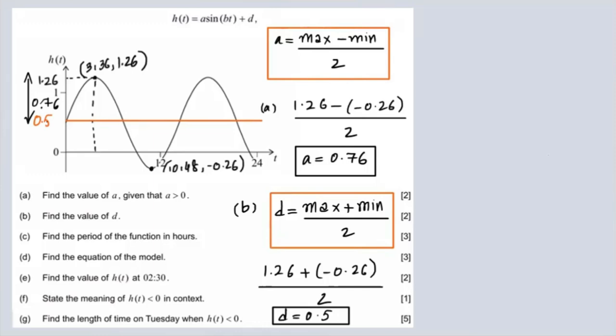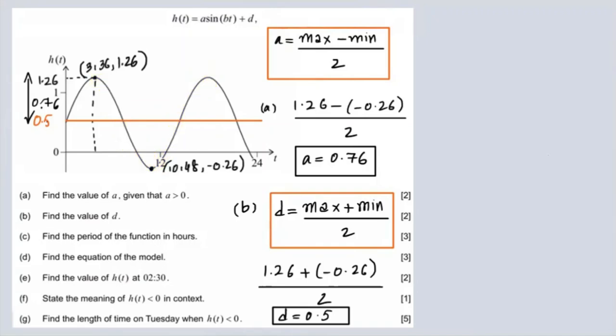Okay, part C. Find the period of the function in hours. In order to find the period, just observe this wave. We have the half period somehow given because we know the times. If you find this difference in the times and then double it, that is going to be one complete oscillation.